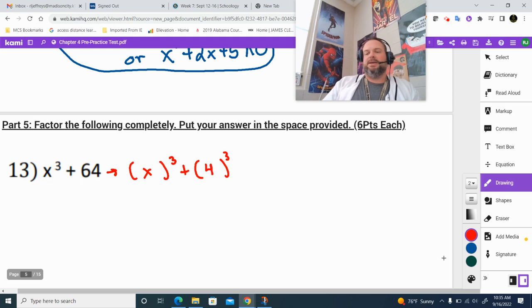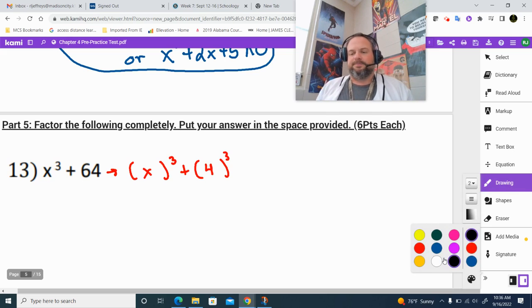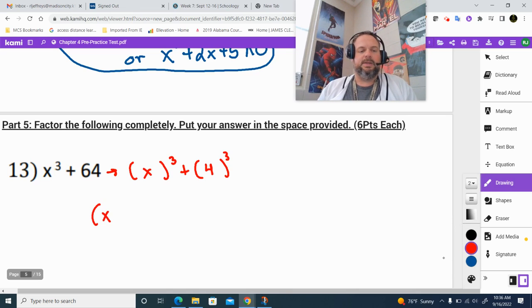Then we plug it into that form. Well, this would look like such. x plus 4 times x squared minus 4x plus 16.